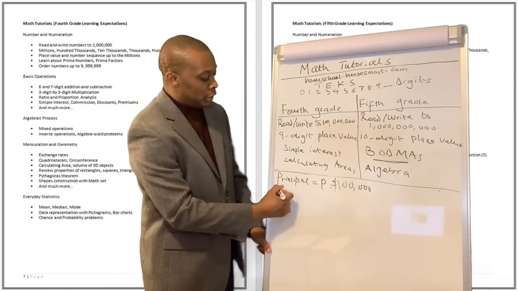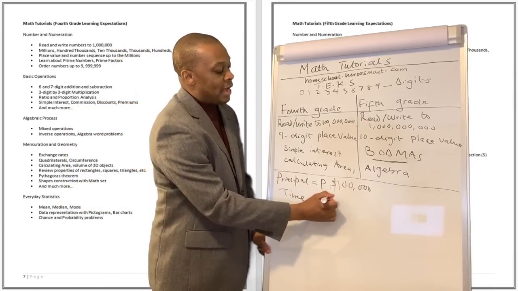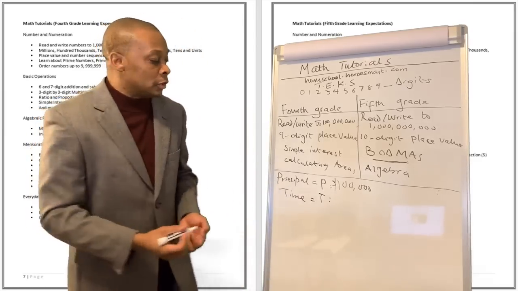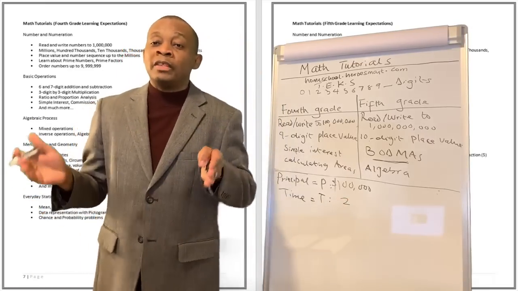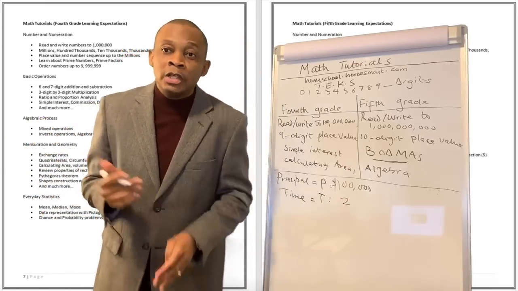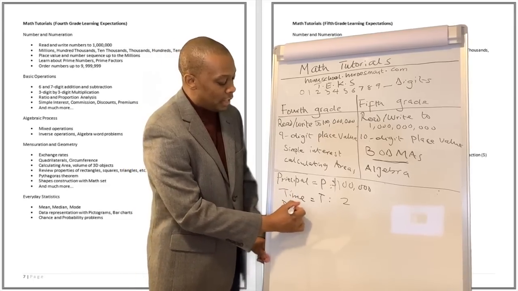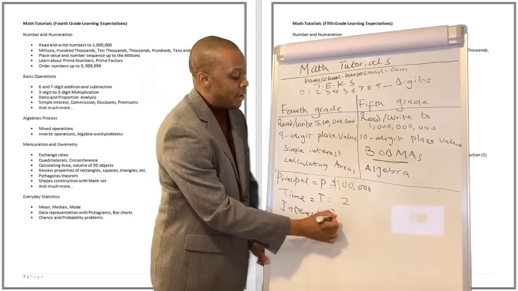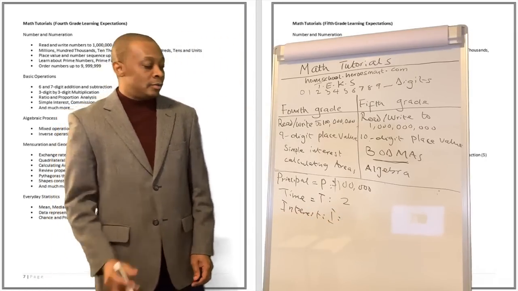After 2 years, the bank is not just going to give me back $100,000 because they've been working with my money for 2 years. They're going to give me additional money on top of that $100,000. That additional money is called interest, okay? So we're going to call that interest I, which is going to be calculated with this formula.